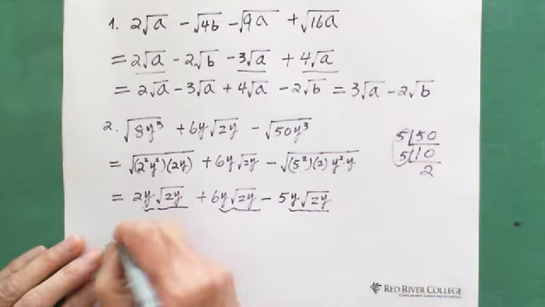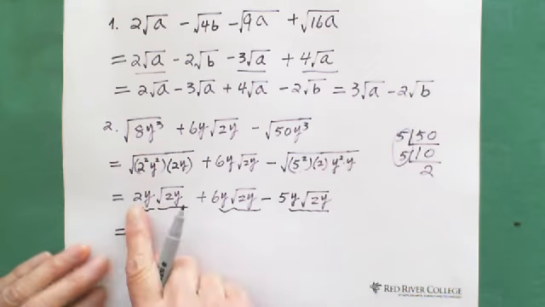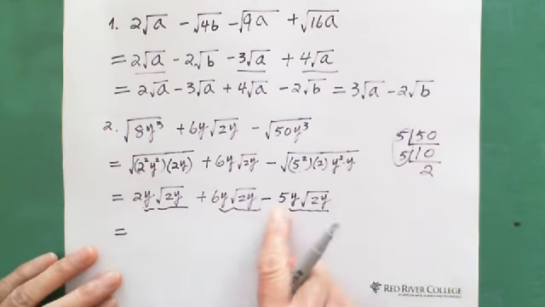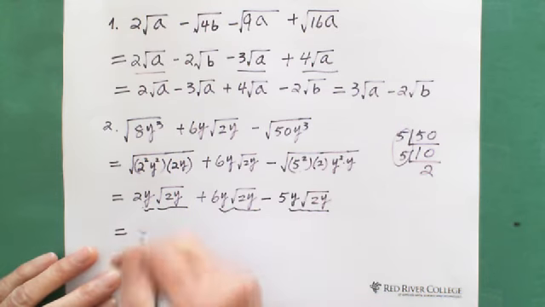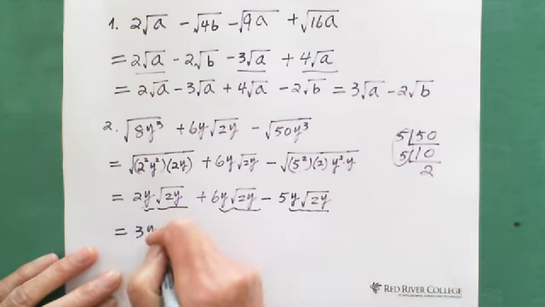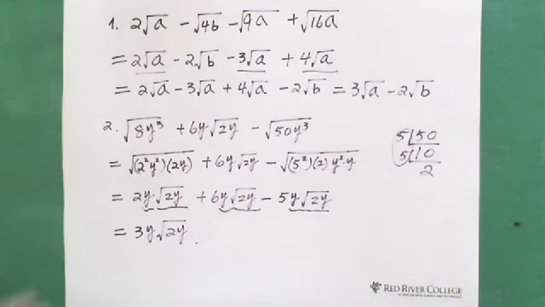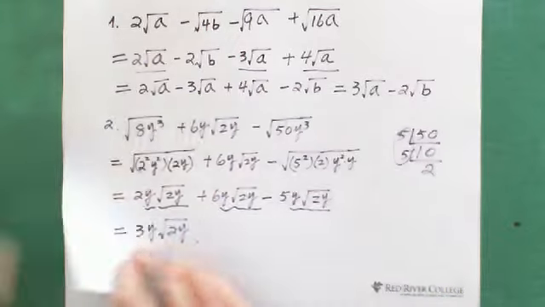We just add the numbers: 2 plus 6 is 8, minus 5 equals 3. So we got 3y square root 2y. This is the answer. The next question I'd like to show you is about cube roots.